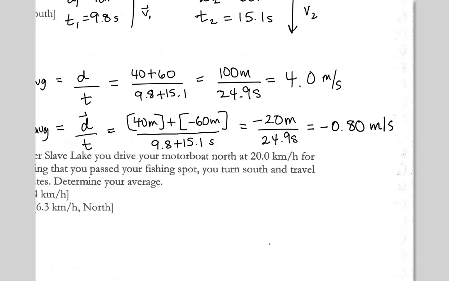So in this case, negative indicates south. So the result is you've traveled south at some resulting velocity. You can communicate this as negative. I'd be okay with that. You can also communicate it as 0.8 meters per second, comma, south. Either one of those is fine.